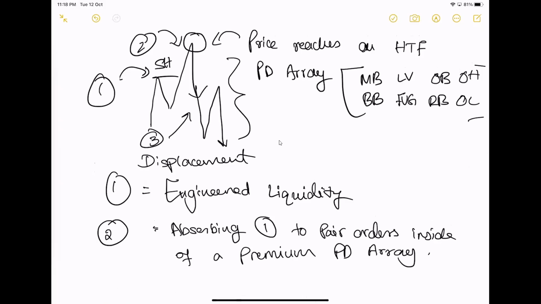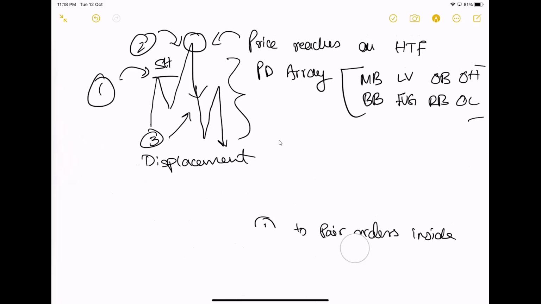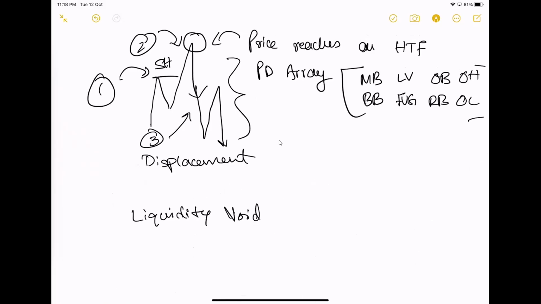Now, as you create a new range, obviously, due to the nature of a displacement, it's going to leave a what? It's going to leave a liquidity void, and price needs to come back and rebalance this imbalance.